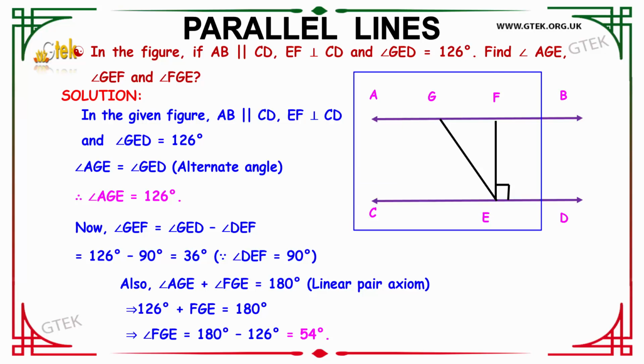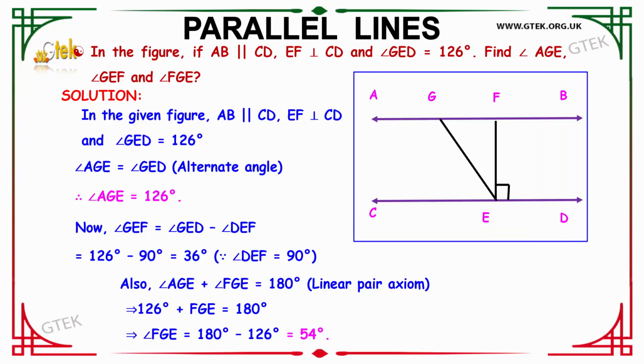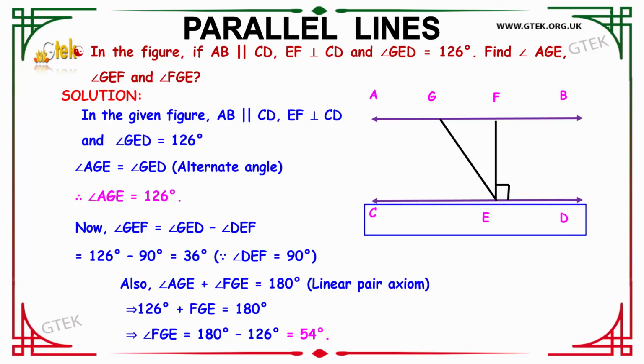So this is the given figure. In the given figure, AB is parallel to CD and also EF is perpendicular to CD, and angle GED is 126 degrees.